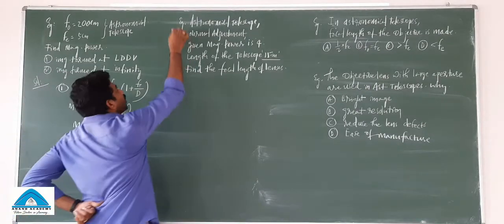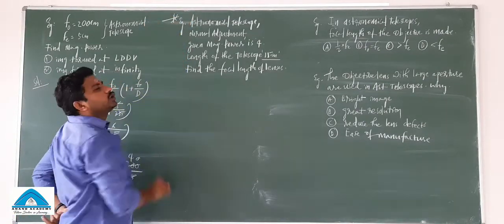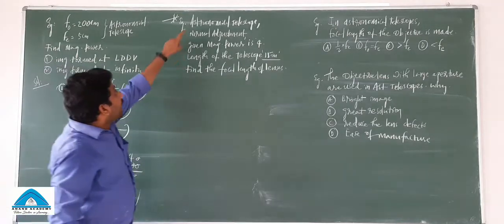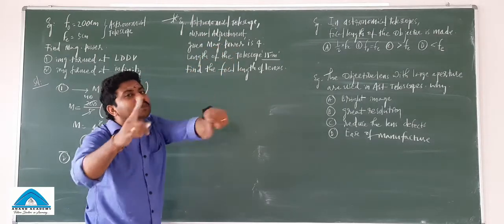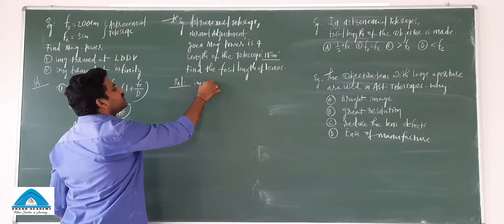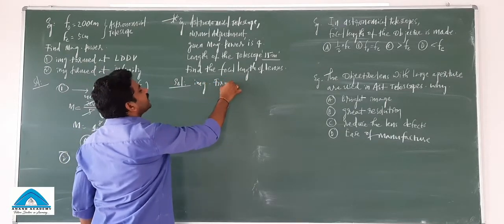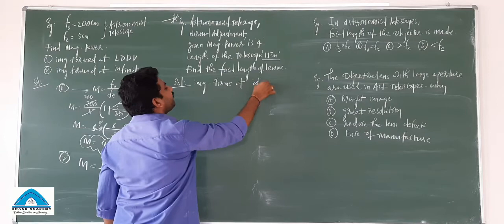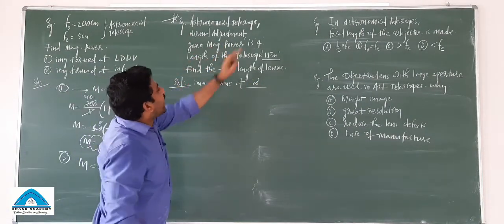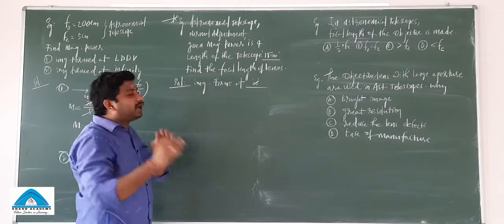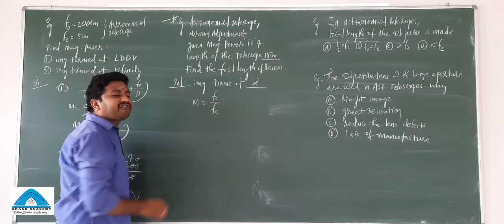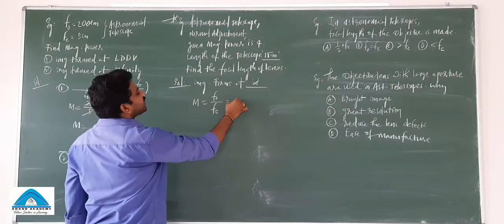Now, the most important question I told you during the discussion of the astronomical telescope is based on this. Astronomical telescope normal adjustment. Normal adjustment means the image forms at infinity. Given magnifying power, image formed at infinity means the magnifying power is f naught by fe, which is given as 4.